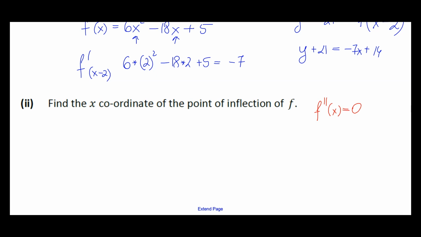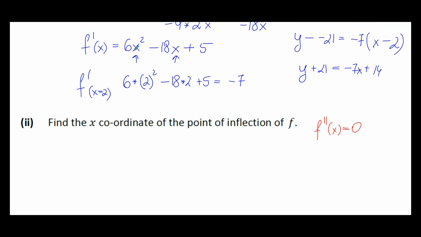So now we are creating a second derivative. Basically, we are deriving this quadratic into what? Linear. So second derivative, again, that 2 goes in the front. So it will be 2 multiplied by 6, which will be 12. And then the x power will go down to 1. And then minus 18. When there is x with no power beside it, the derivative is just the number that stands beside x.